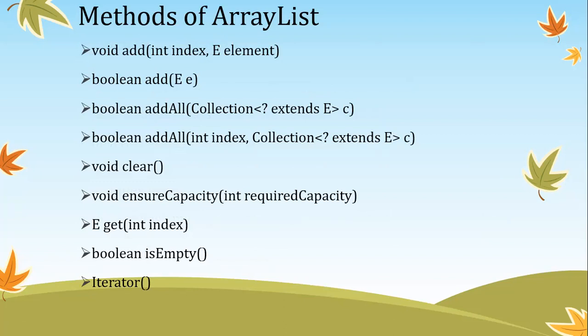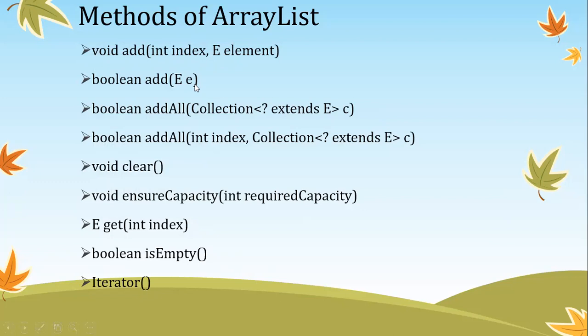First we have the add method. It is taking two parameters, one is index and the other is element. This method is used to insert the specified element at the specified position in a list. Second one is boolean add.